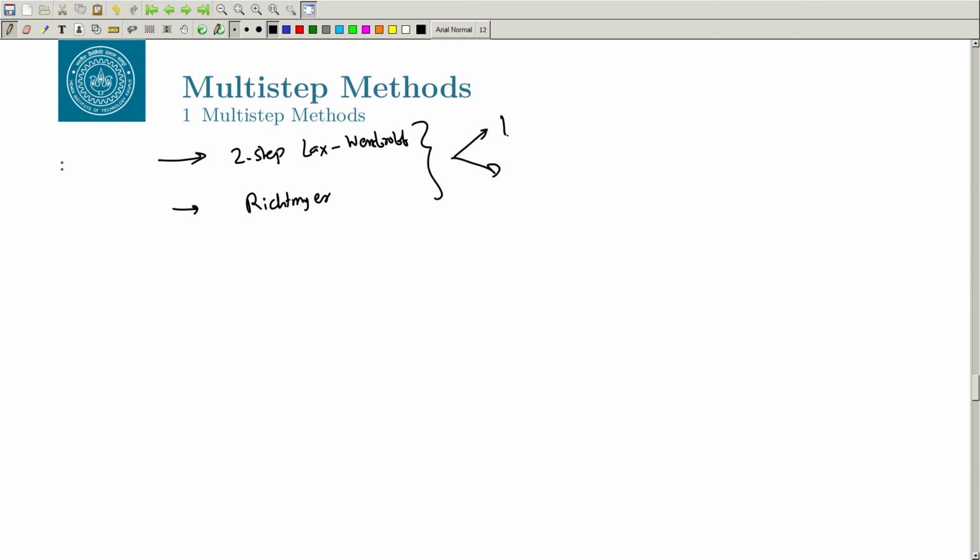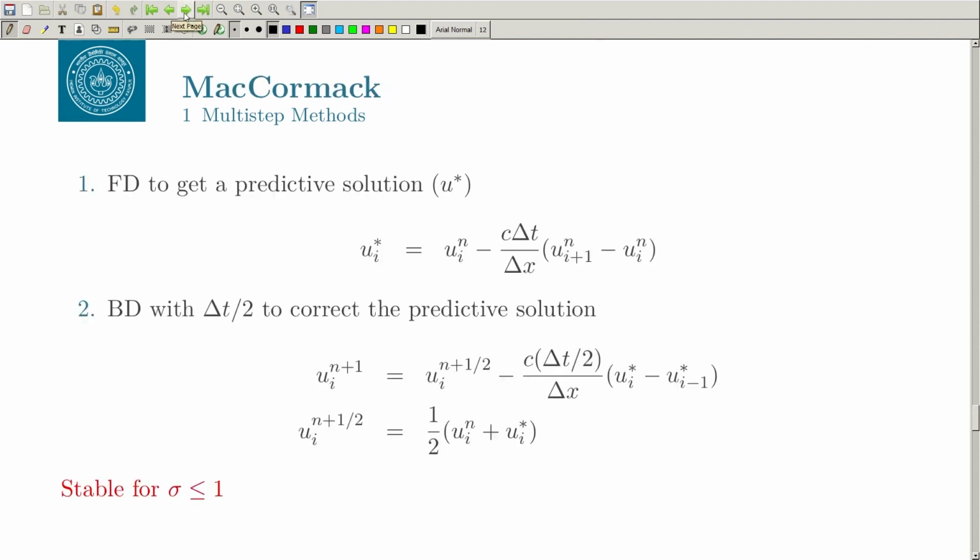One is basically the Lax-Friedrichs and second is leapfrog. In the two-step Lax-Wendroff, you do the calculation at i plus half and so on. Here you do it at i. And we saw that when you combine both the steps for a linear problem, you basically get a Lax-Wendroff type of scheme. Today we will look at the McCormick scheme.